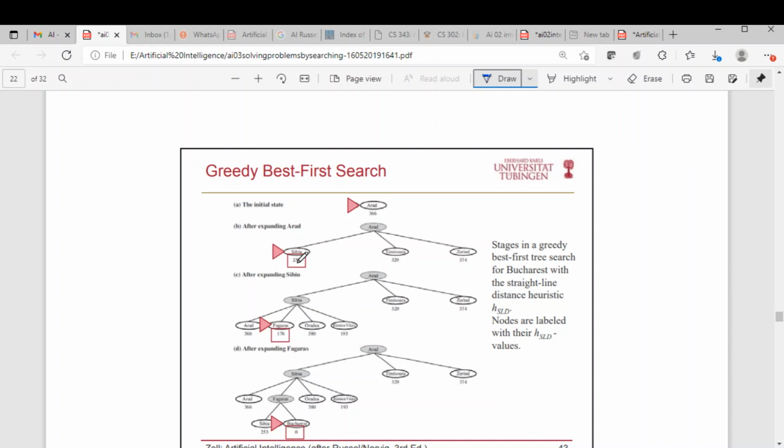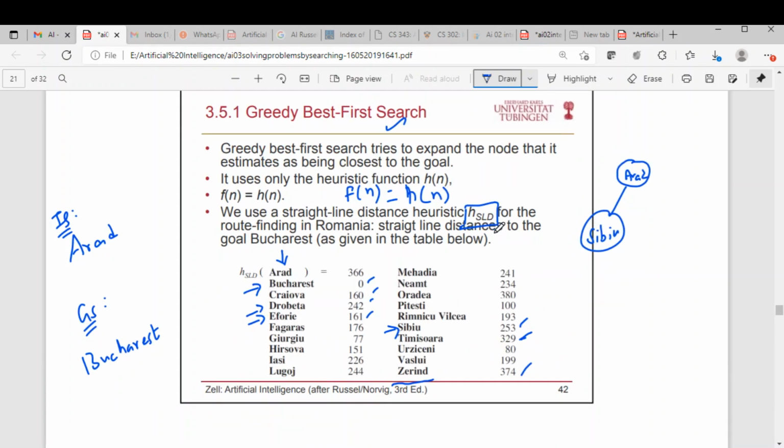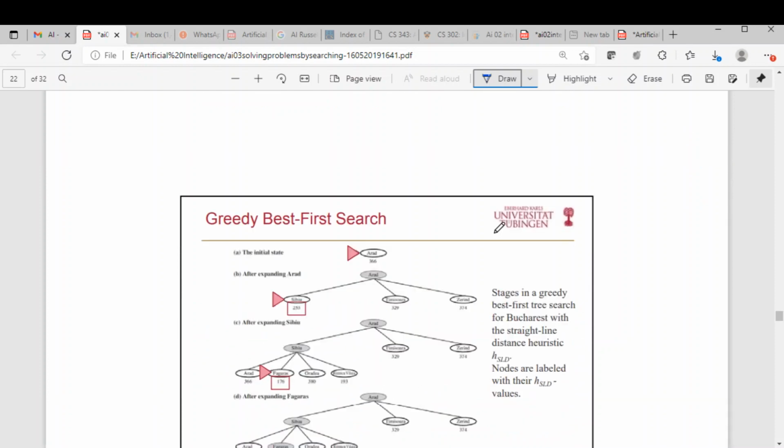Why is it choosing Sibiu? Because the cost of reaching the final destination, Bucharest, from Sibiu is 253, whereas from Timisoara it is 329, and from Zerind it is 374. That is the reason why it is choosing this path.